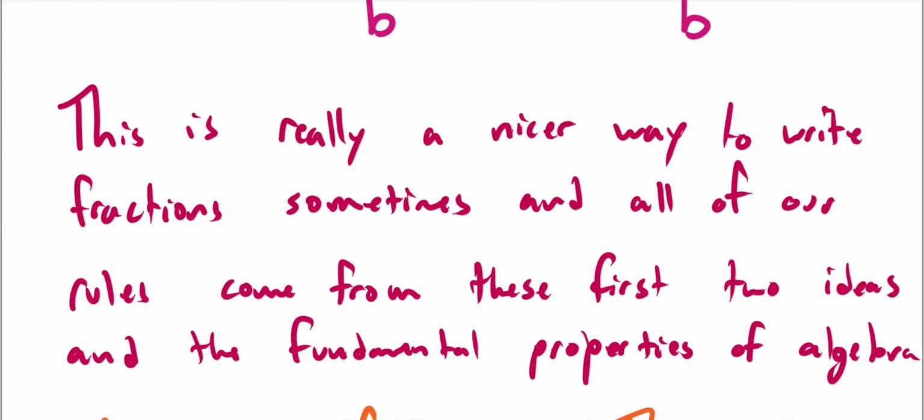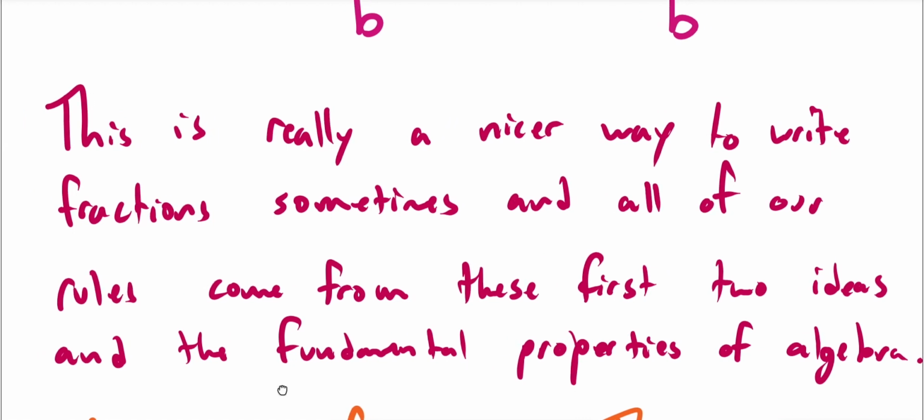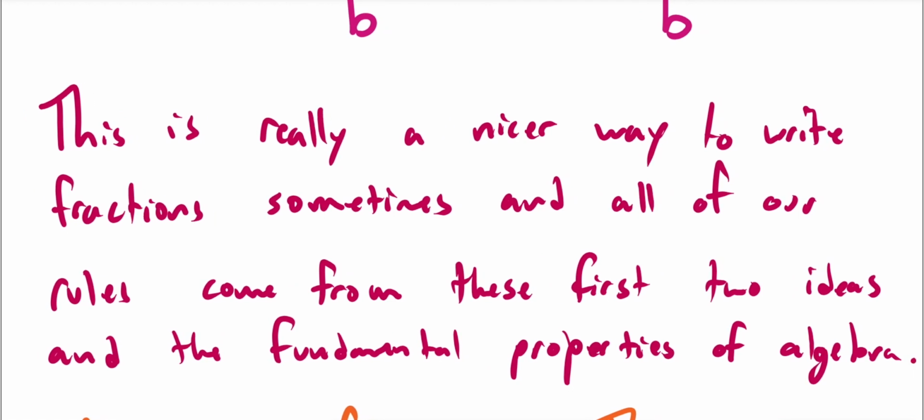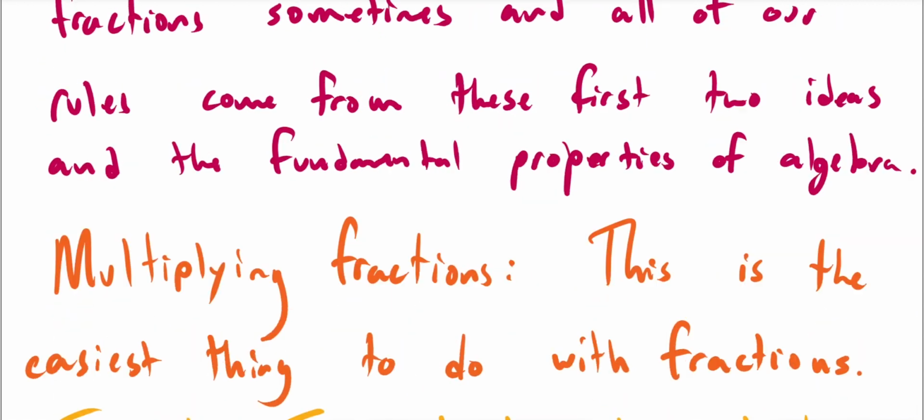And what we're going to look at is that all of the rules that we're about to address are going to basically stem from just this idea, that it's a numerator times the reciprocal of the denominator. And what is a reciprocal? It's a number that you multiply by a number to get 1. That's all you need. Fractions just flow from those two facts. And of course, some of the other properties of algebra, like the distributive property and that kind of thing.